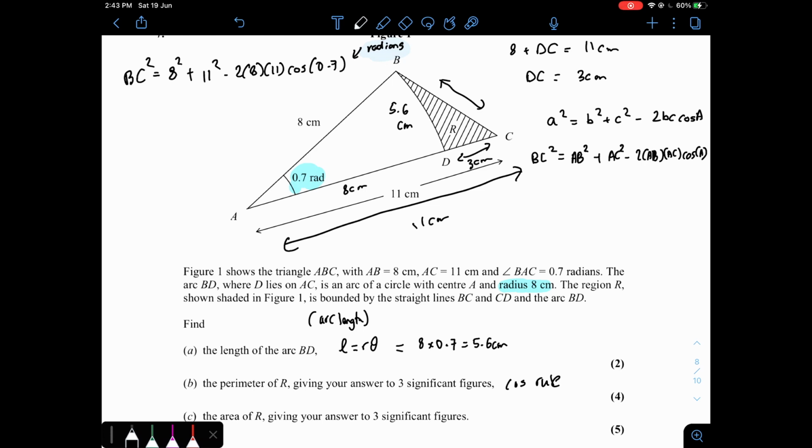And you don't even have to know what the answer to this is. All you have to do is, for BC in the calculator, just square root that same answer.